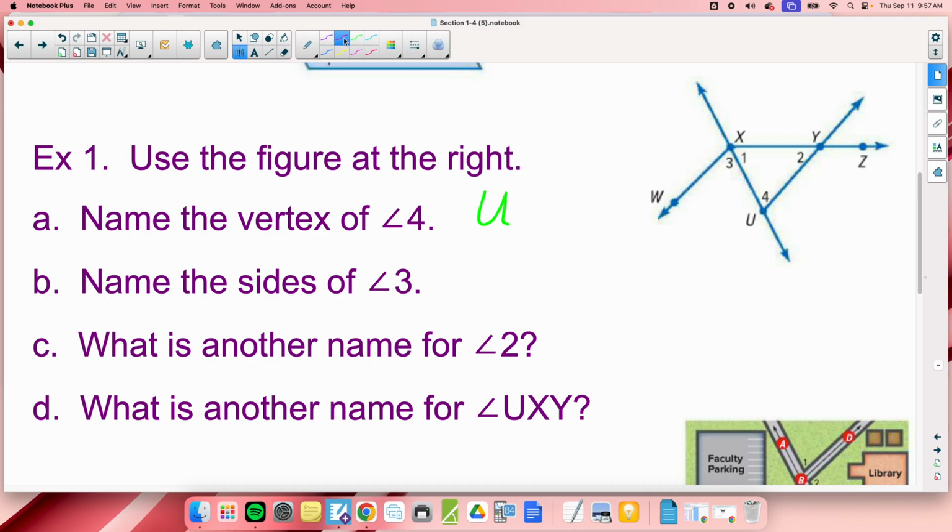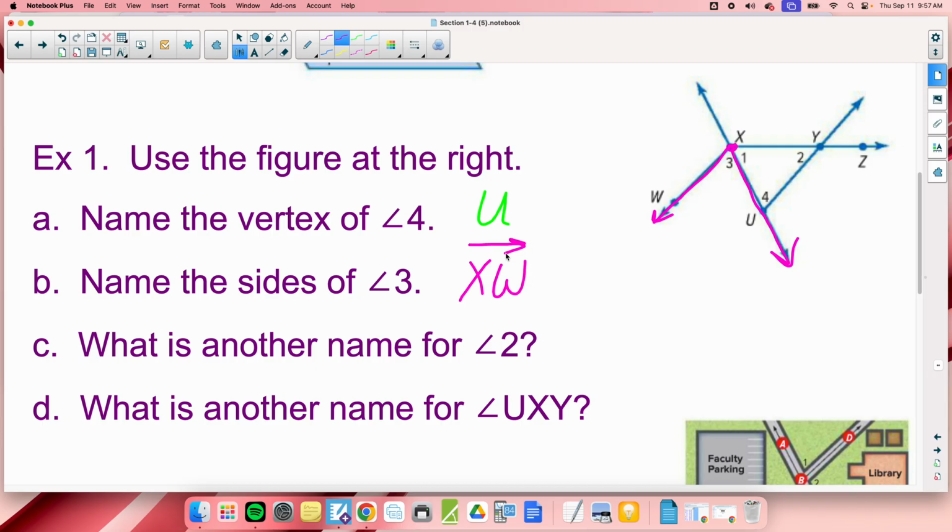Then the next question asks us to name the sides of angle 3. Okay, so angle 3 starts here. So sides we list as, do you remember what I said? You name them as rays. So how could I name this? Yeah, ray XW, and then you put that ray symbol above it, okay?